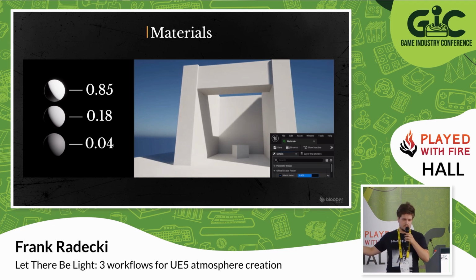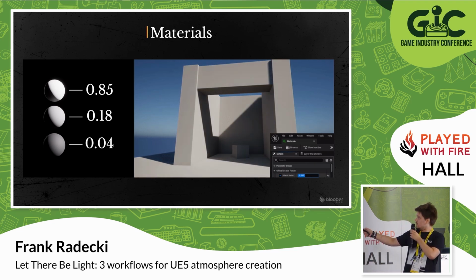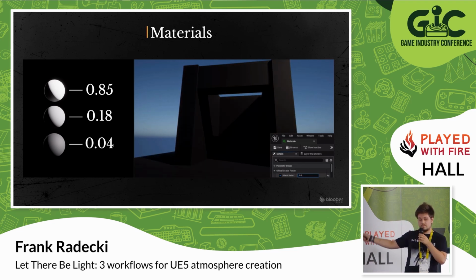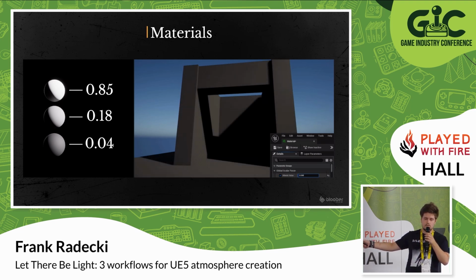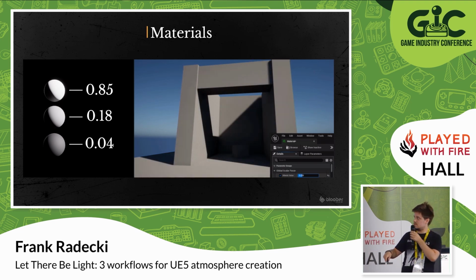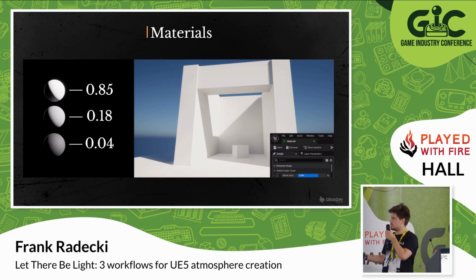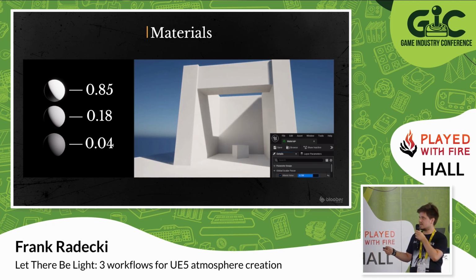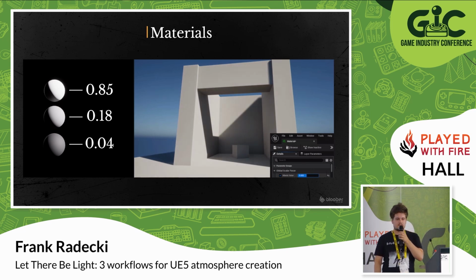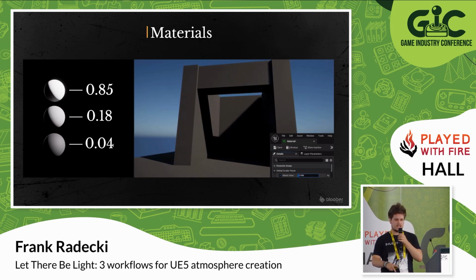Here on this GIF, you can see the scene, and the light of this scene is not changing. The only thing that changes here is the albedo value of those materials. So you can see, if the value is above 0.85, the materials are reflecting too much light.